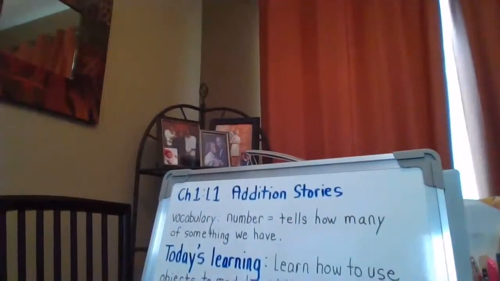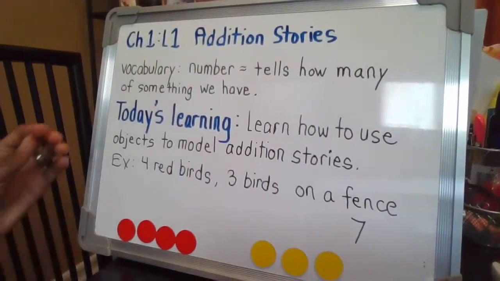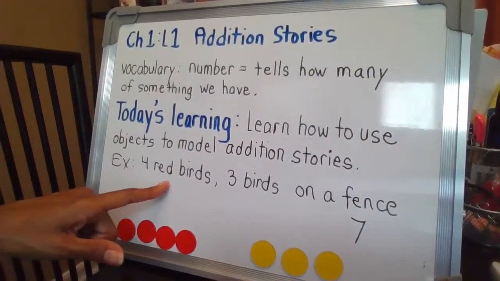So I'm going to use a red counter for the first group, and then I'm going to use yellow counters for the second group of birds. All right, so now I'm going to turn my screen so you can see my whiteboard. All right, so 4 red birds.